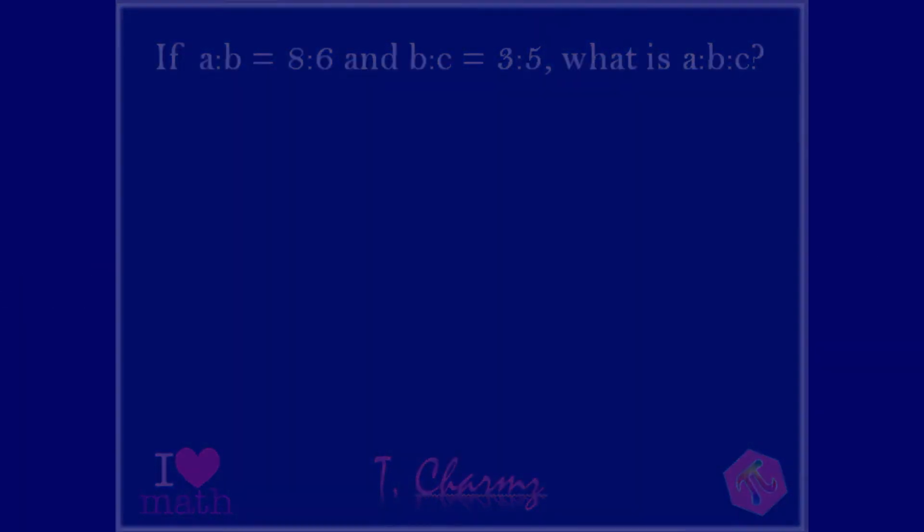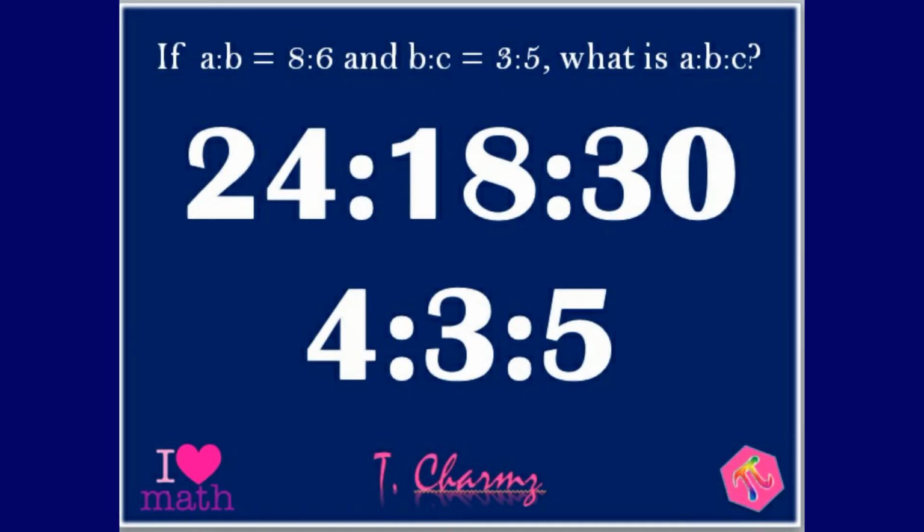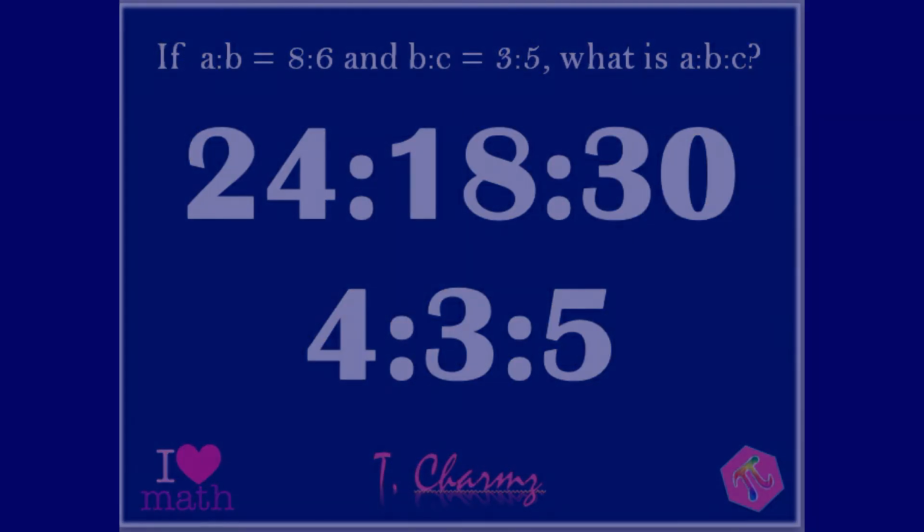The answer is 24 is to 18 is to 30. And 24, 18, and 30 are all divisible by 6. So divide all by 6. The answer is 4 is to 3 is to 5.